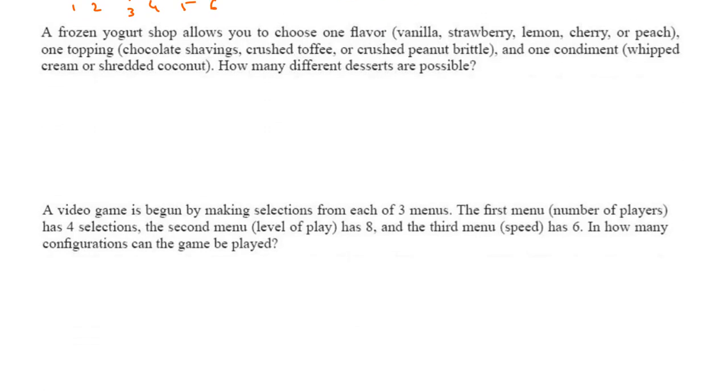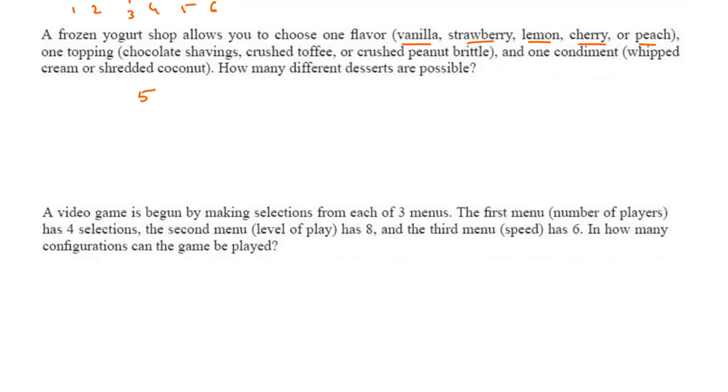Similarly here, a frozen yogurt shop allows you to choose 1 flavor. So how many do we have? 1, 2, 3, 4, 5, okay? And then 1 topping. How many toppings do we have? 1, 2, 3. And the condiment, either whipped cream or coconut, so you have 2 of them to choose from.